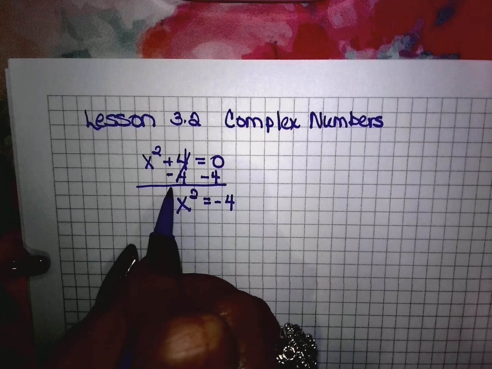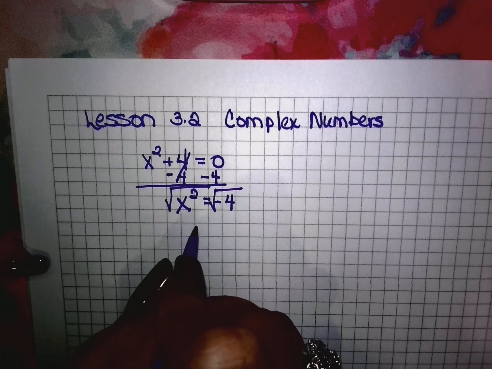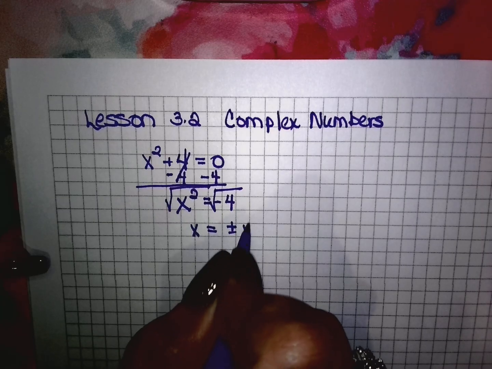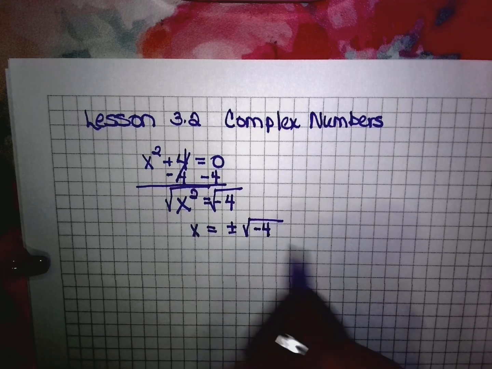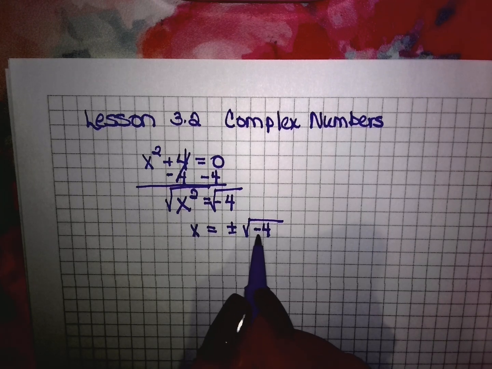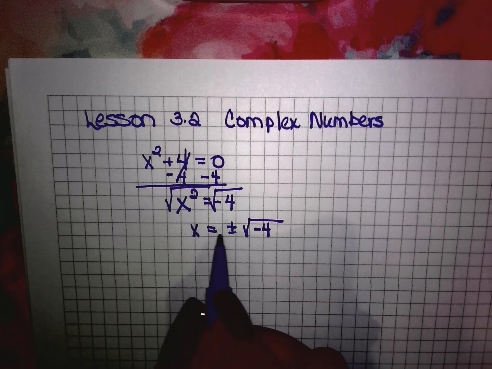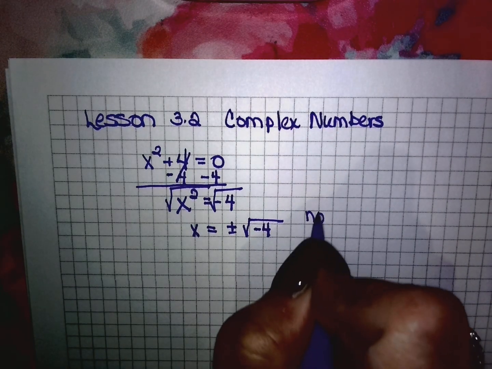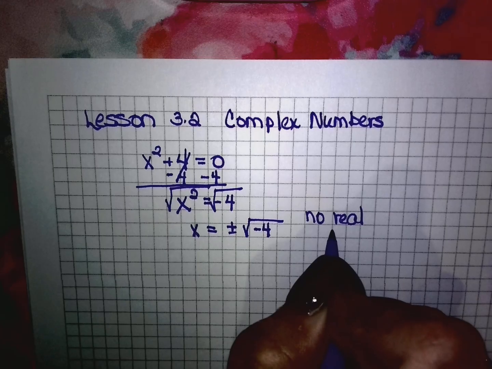At that point you would take the square root of both sides, so x equals plus or minus the square root of negative 4. But at this point we would say, well, we can't do the square root of a negative 4, that's not a real number, which is true, and we would say no real solution.